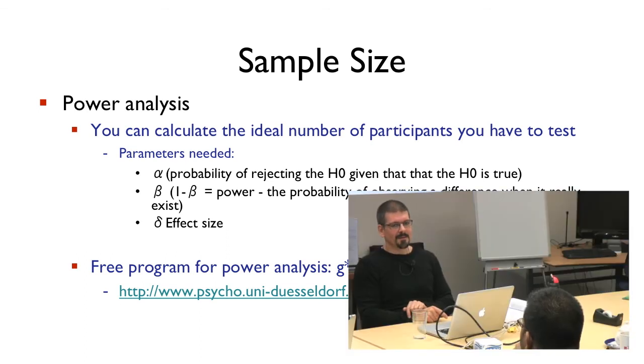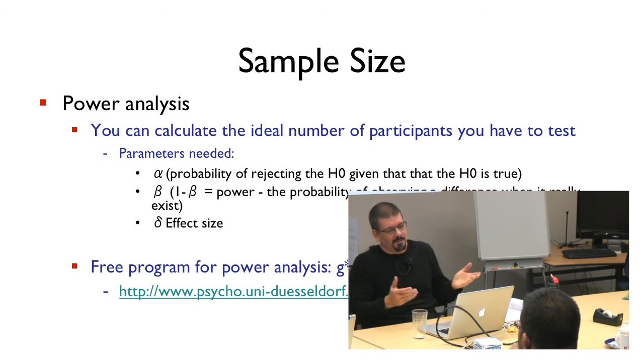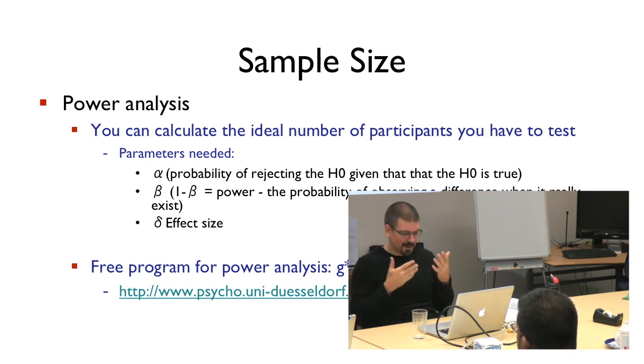It's sometimes a bit of a cheap excuse afterwards to say, okay, we didn't find a significant result, but that might be just due to small sample size, and next time we will do it better. Well, you could argue you could have done it better in the first run, and just gotten better results in the first place.